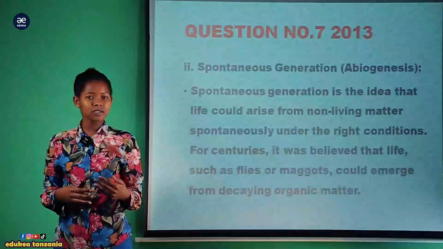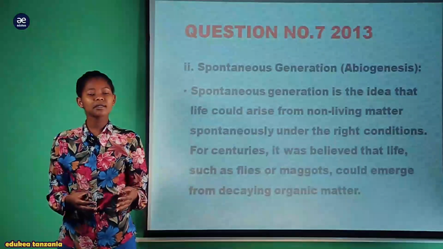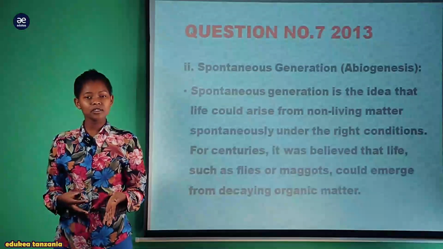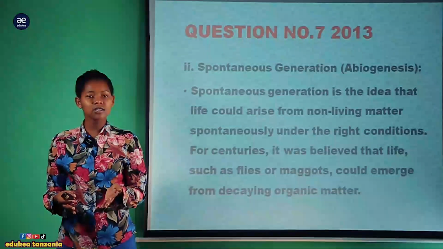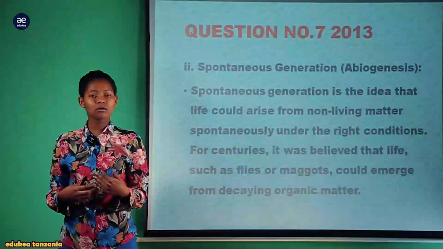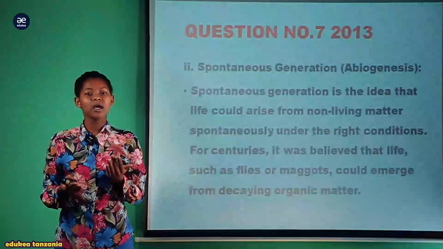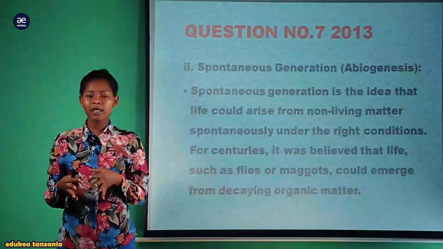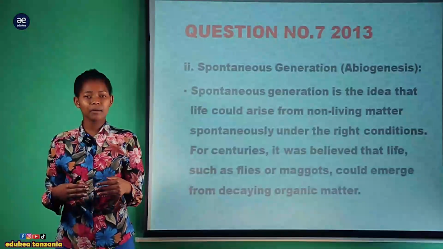According to this theory, my dear student, in explanation you just say in a very simple way that the theory explains that life originated from those non-living matters over some centuries. We can see this theory was applicable, and many experiments were done to demonstrate it, including using meat that was left in a place for several days and later decayed.